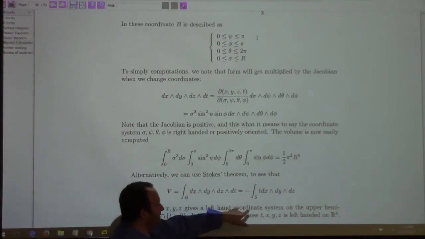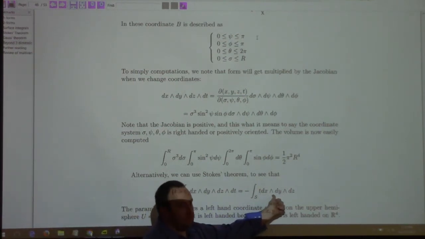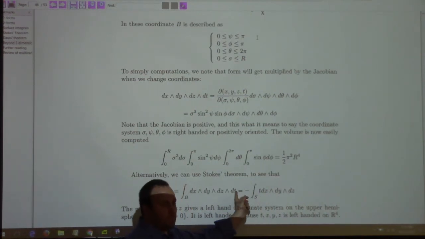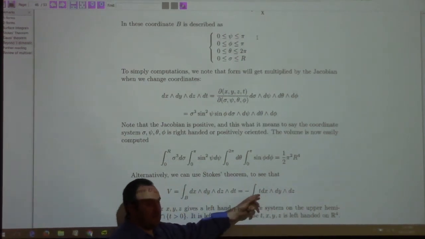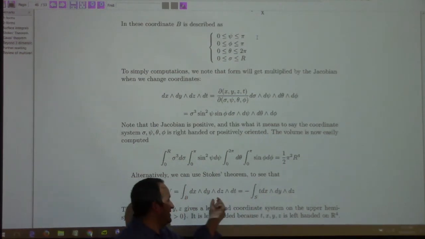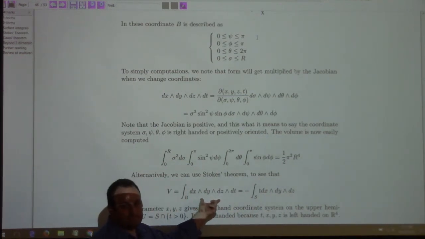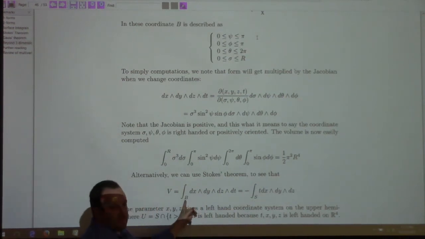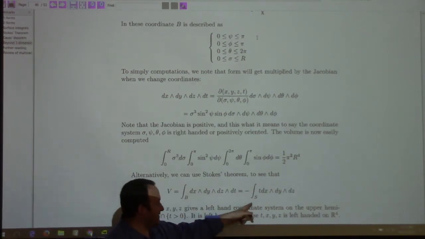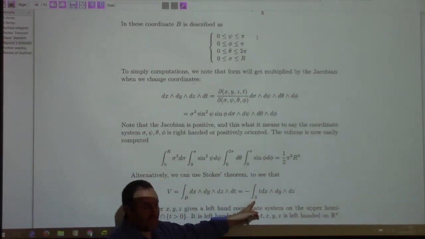If you take the exterior derivative of that, you get dx wedge dy wedge dz wedge dt, but you have to move the dt 3 spots over to get back to that. So the exterior derivative of this is that. And that is the boundary of this. This is the set of x, y, z, t that is less than or equal to 1 in distance. This is the ones that are equal to 1 in distance from the origin. That's the edge of this.